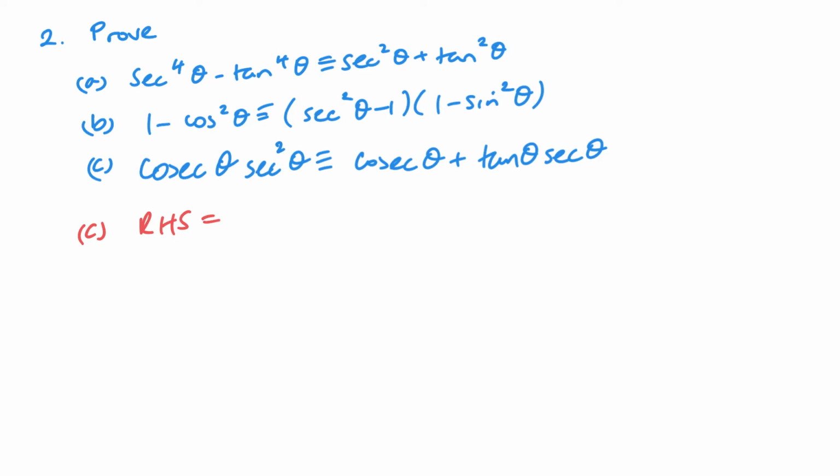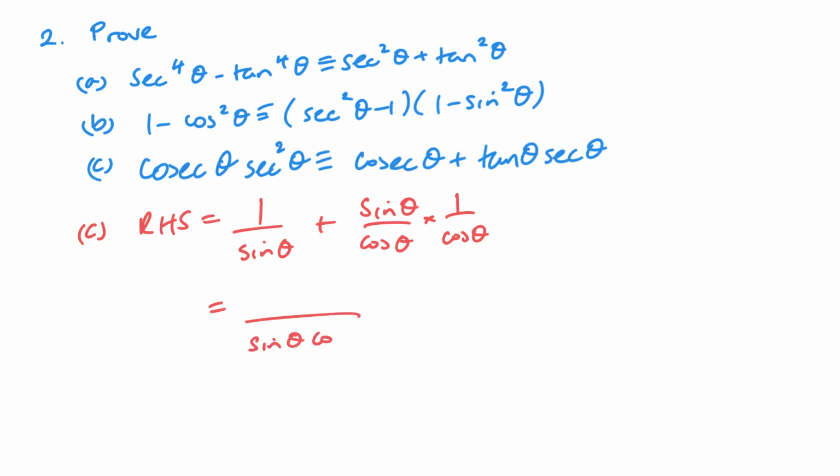Looks like we'll have some fractions, so let's jump straight in. 1 over sine theta, tan is sine theta over cos theta, and that's times by 1 over cos theta. So I want to put these as a single fraction, so I'm going to put them over sine theta cos squared theta.